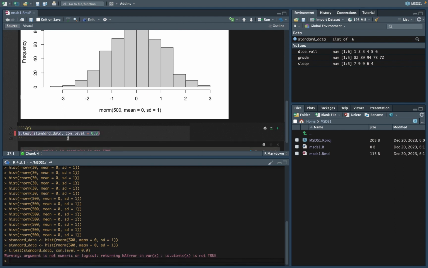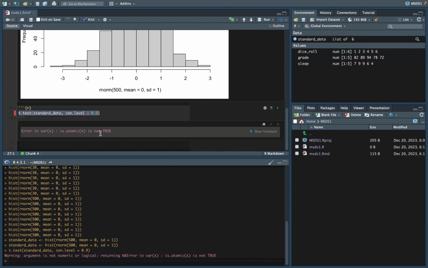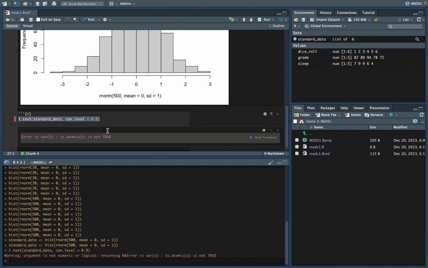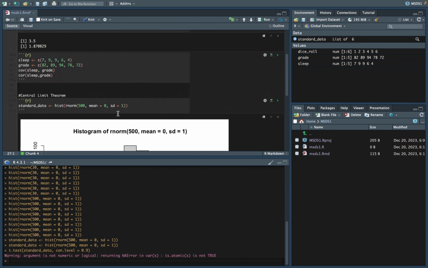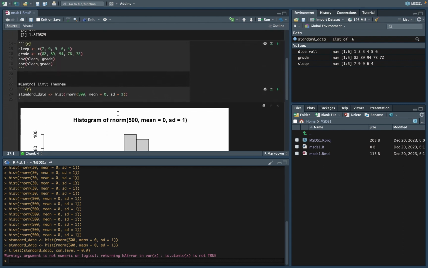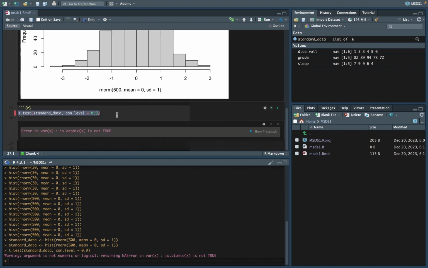So if we output that, it says variable in x is not true. Did I spell confidence wrong? Okay.